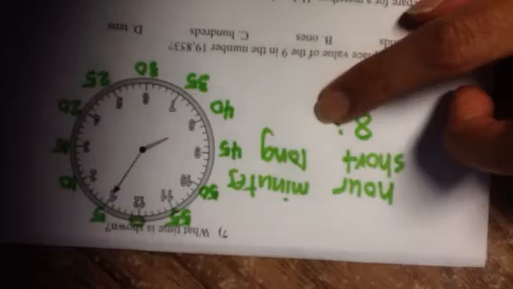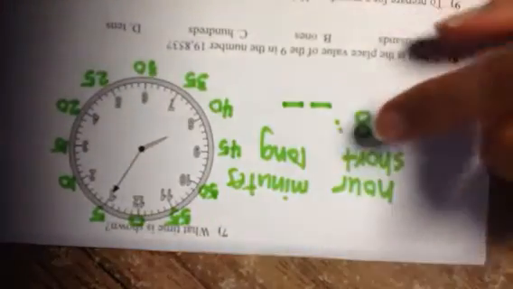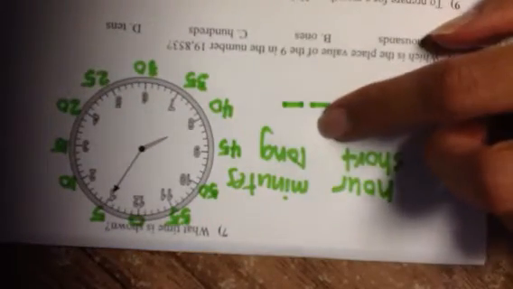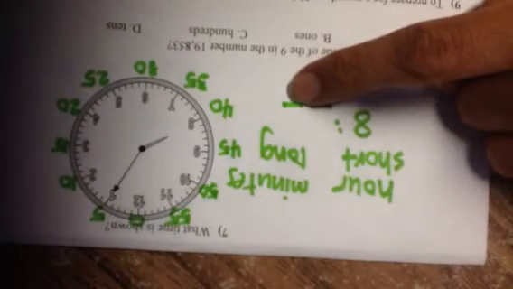Now, we can't just write 8, 5, okay? Because whenever we have minutes, remember there are 2 numbers after that. So, where would I put the 5? In the first digit or the second one? Well, if I put it here, then what do you put there? If you put a 0 there, that makes it a 50.